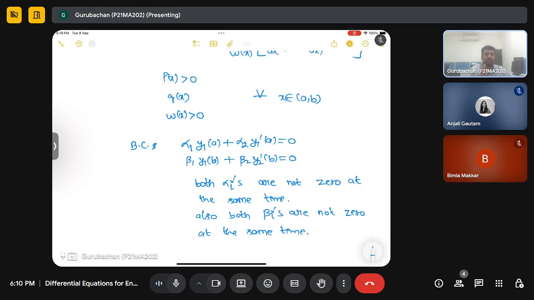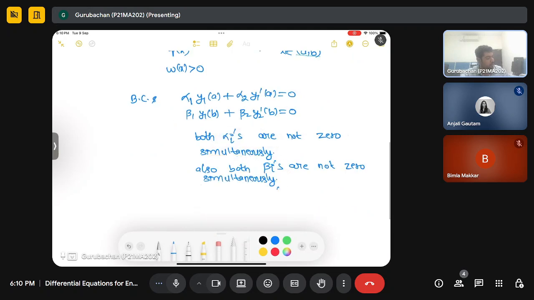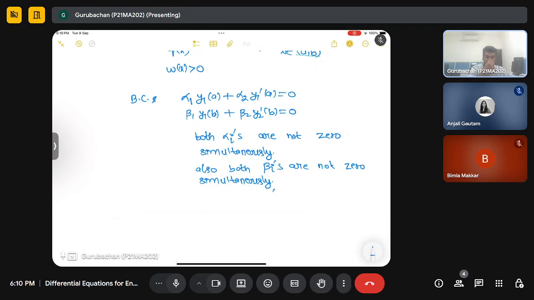So both alpha i's cannot be 0 simultaneously, and the same holds for the beta i's. So this is your regular Sturm-Liouville system.